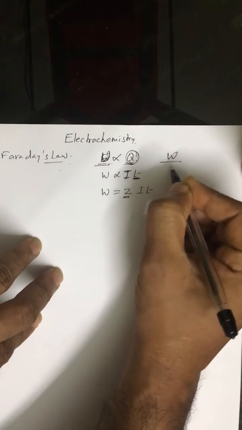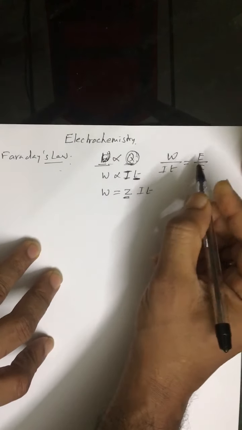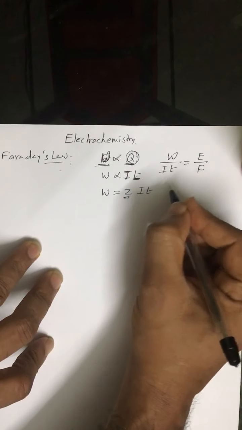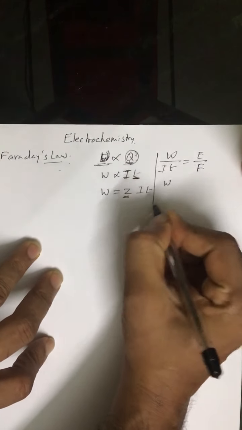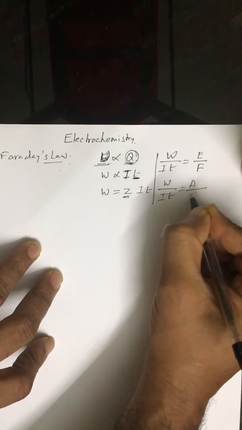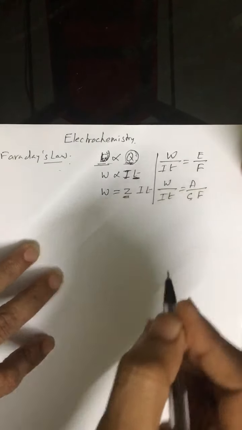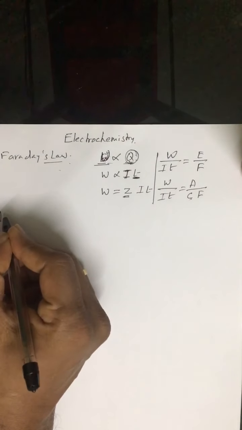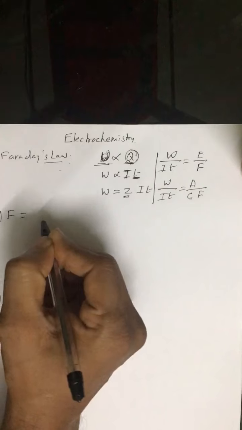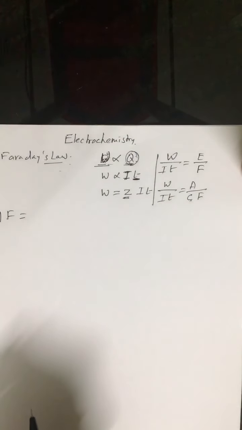So from here we get W upon IT equal to E upon F. Here E is equivalent mass, or you can also say W upon IT is equal to A, atomic mass, upon C, valency or charge, into F, Faraday. 1 Faraday is the charge of 1 mole of electron.